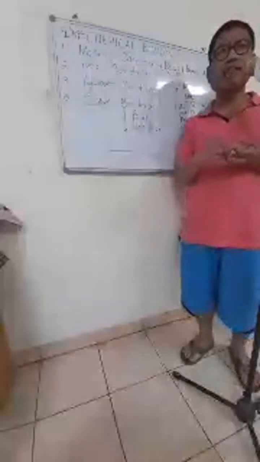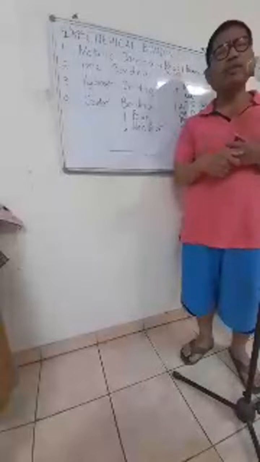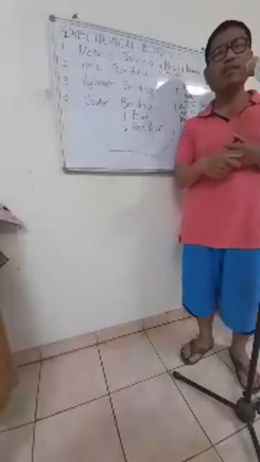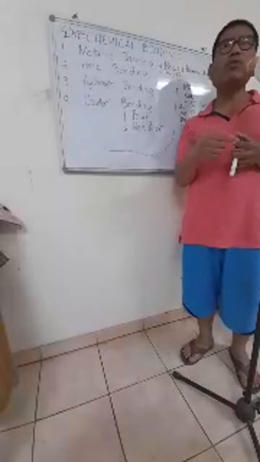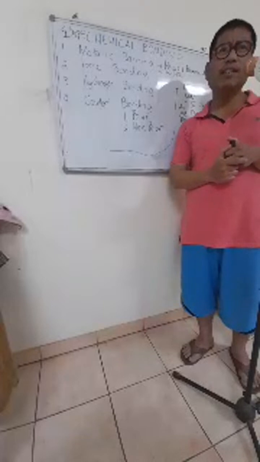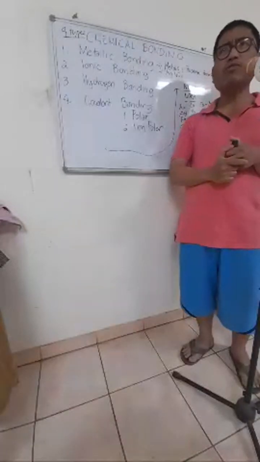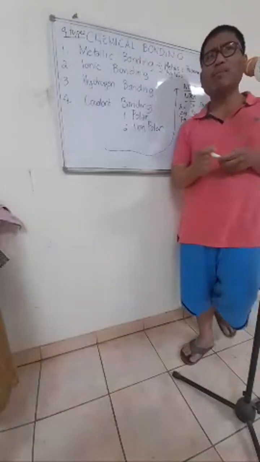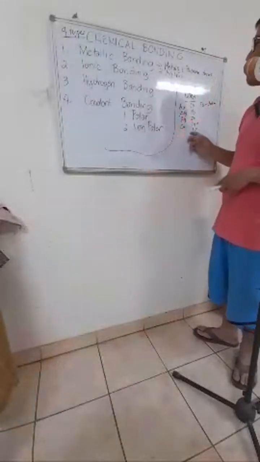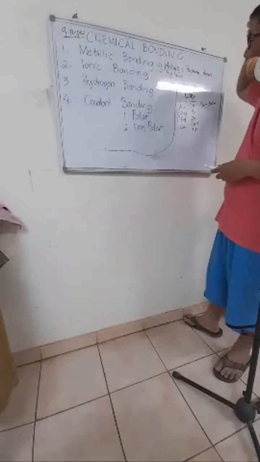Iron oxide. Oh, so what do you mean by iron oxide? There's ferrous, there's ferric. There's Fe2O3 and there's also Fe3O4. You get the point? Okay, because there's also magnetite. We have hematite, magnetite. Things like that.